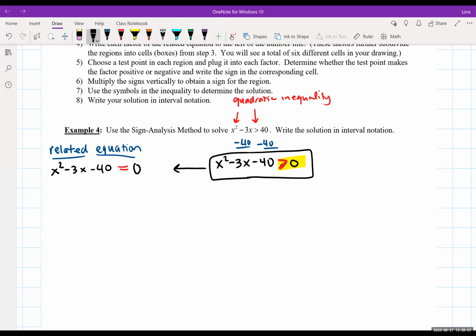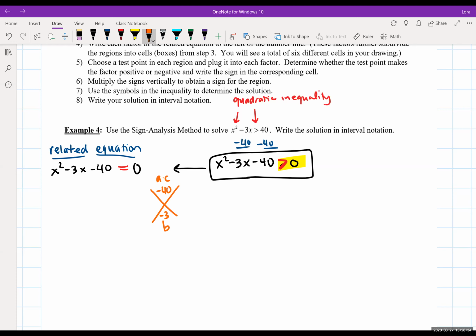So let's do that. I see that I have a quadratic function in the form of ax squared plus bx plus c. What I like to do is take the a times c method. So the a times c is 1 times negative 40. We're finding factors of negative 40 that add up to b, which is negative 3.